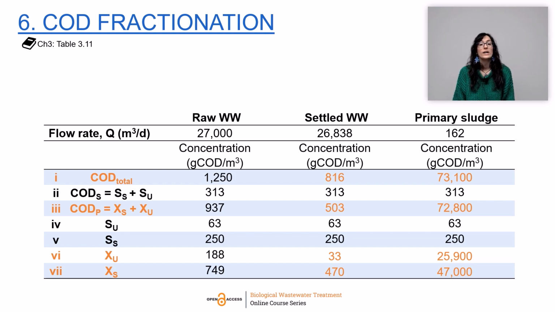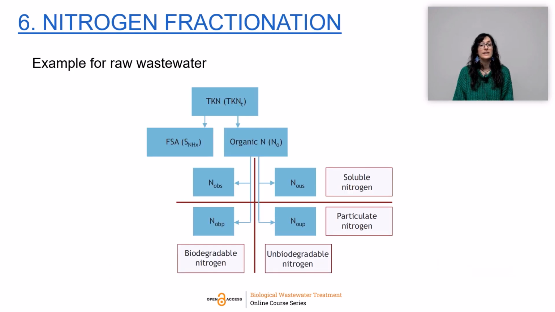Compared to the raw and settled wastewater, the primary sludge stream has much higher particulate concentrations and also a much higher total COD concentration. So with this, we conclude the COD fractionation, and let's go now into the nitrogen fractionation.